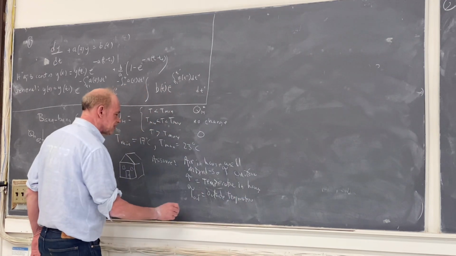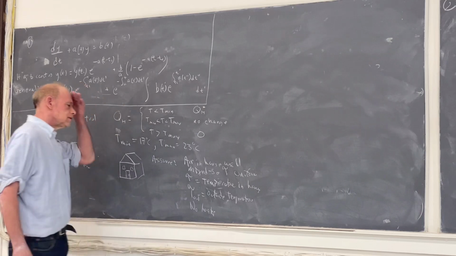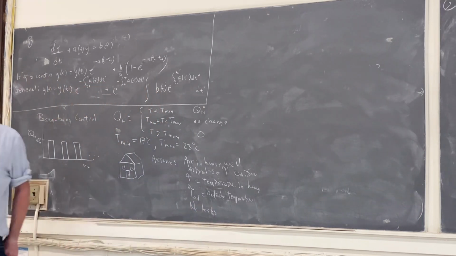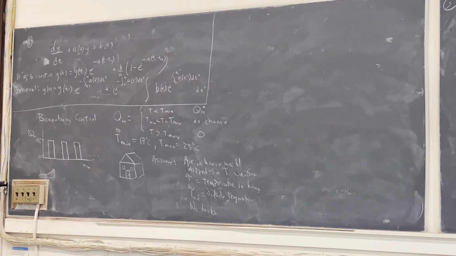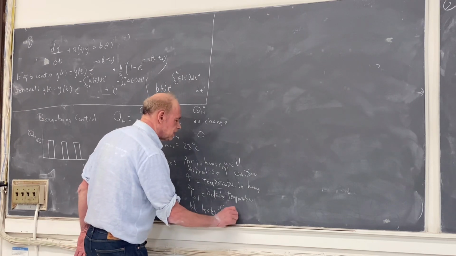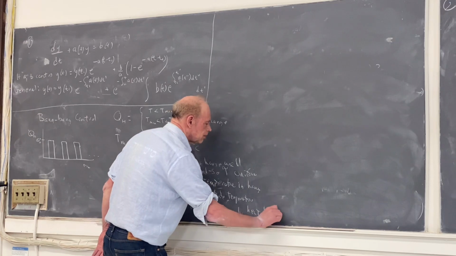And I'm going to assume that there are no leaks. So the only heat that leaves the house leaves by conduction. There are no leaks, so only heat loss by conduction.